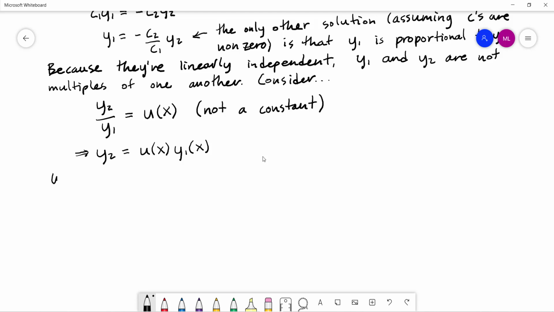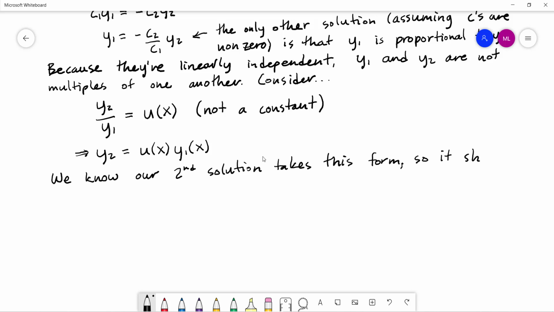So we know our second solution takes this form. So it should satisfy the original ODE that we started with.